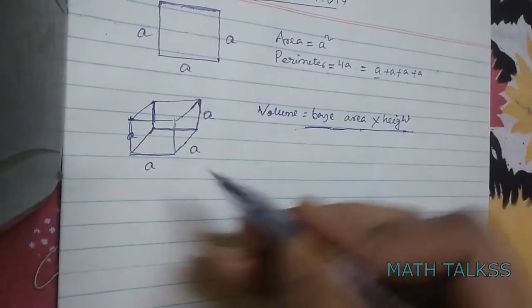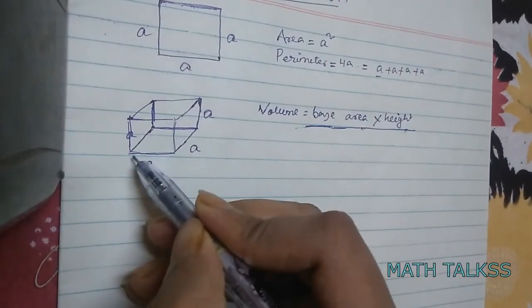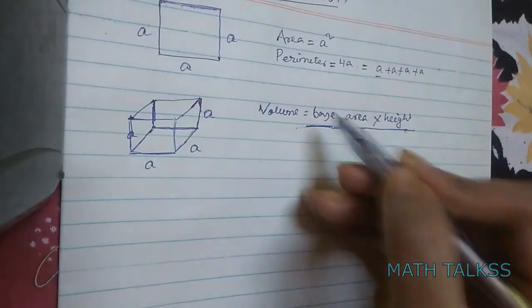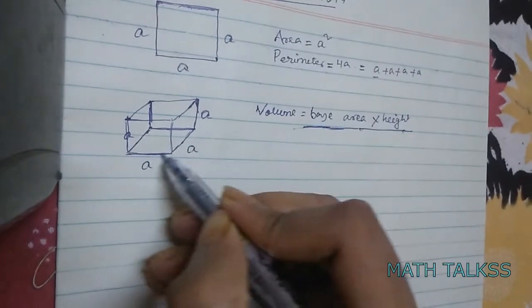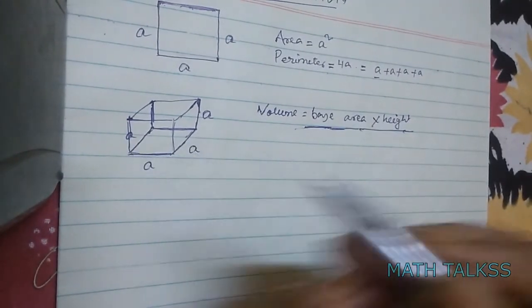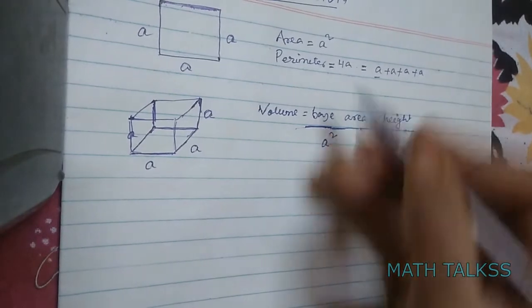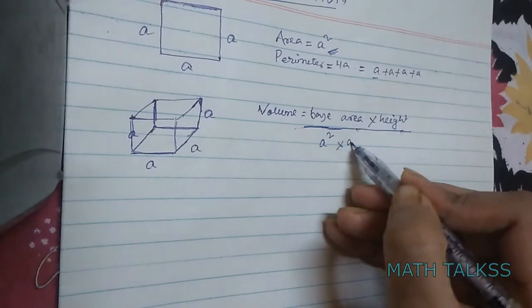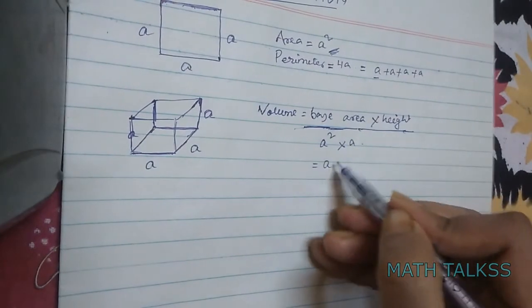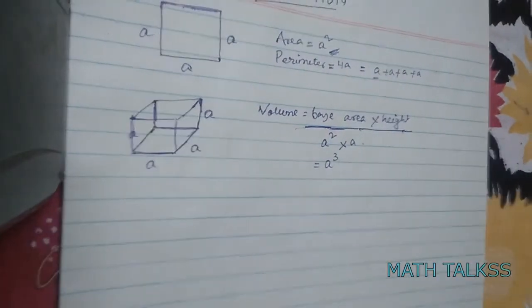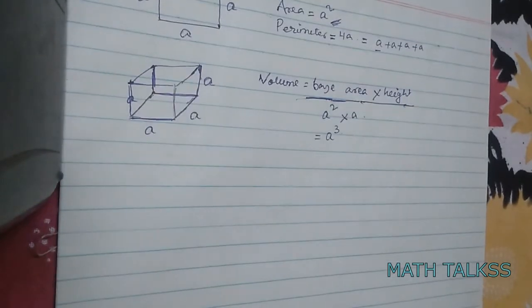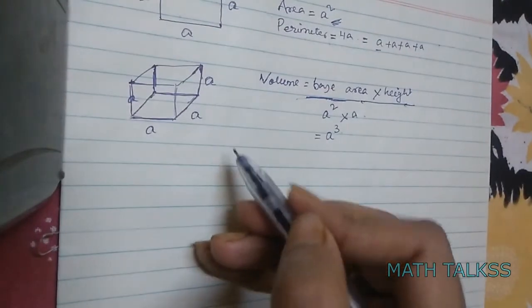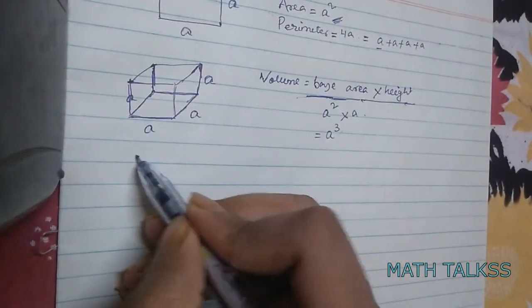Here the cube has a square base, so the base area is a square, and we have height as a, which gives us the volume as a cube. Okay, so now we should find the total surface area of the cube.